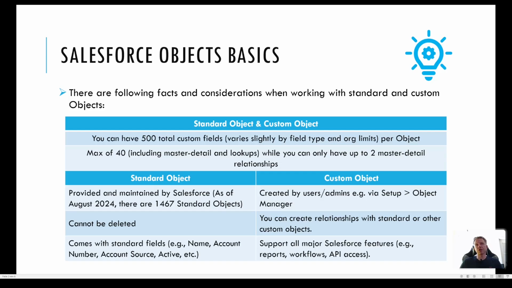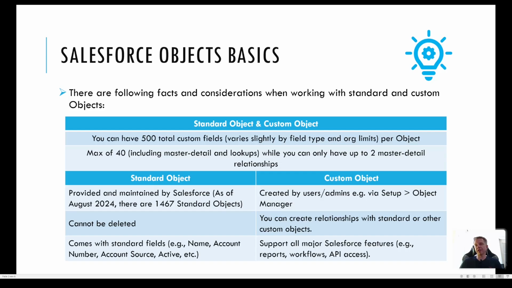A standard object is provided and maintained by Salesforce, and it comes with a lot of standard fields already included. For example, for account, that's name, account number, account score, active. For contacts, that can be first name, last name, job title. It's important for you to know you cannot delete a standard object. You cannot delete the standard fields.